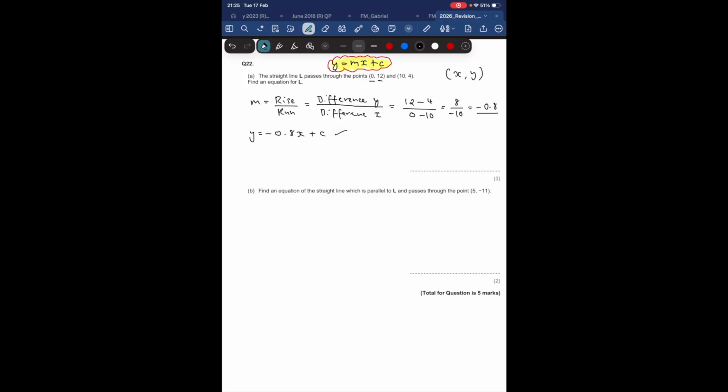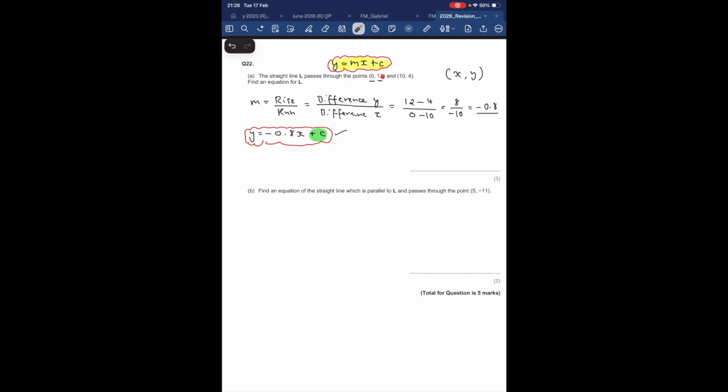That's the first stage of the equation. We now need to work out the value for c. C is the number at the end, and c here is referred to as the y-intercept. Now, to do that, we can use one of the original coordinates, 0, 12 or 10, 4.